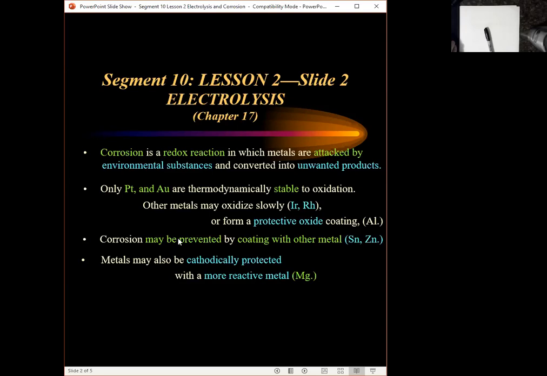So a good coat of paint will help that, but corrosion tends to be very, very prevalent, and we can stop the corrosion by coating with metals like tin or zinc. We still call the cans that canned food is in a tin can, although it certainly never was tin. Tin's extremely soft.